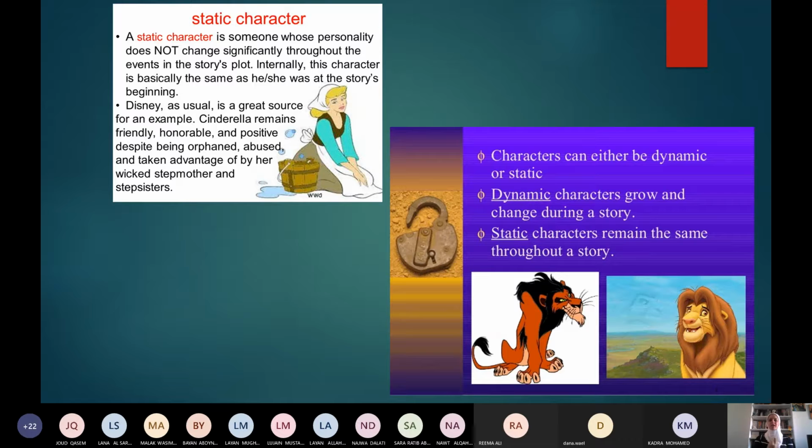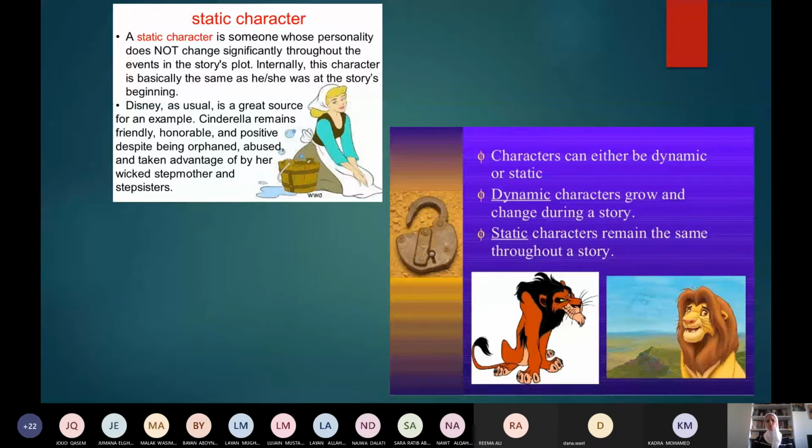We are talking about which character is static and which is dynamic. Now you agree with me? Yes. So now you understand me, girls? Yes. Okay. So what else?